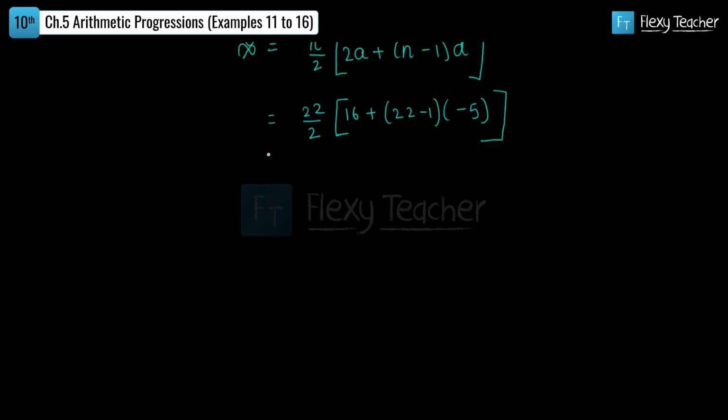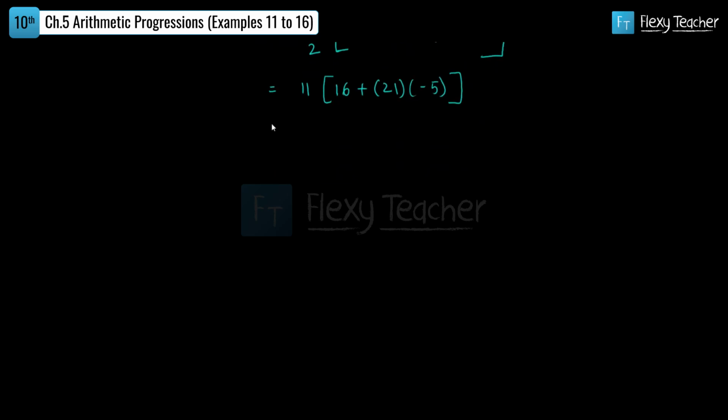Okay, so this is equal to 11 into brackets 16 plus 21 into minus 5. Okay, so अब ये क्या बनेगा? 11 into brackets 16, 21 into 5, 5 1s are 5, 5 2s are 10, 105, और ये 105 है और साइन माइनस की है, so this will become minus 105.